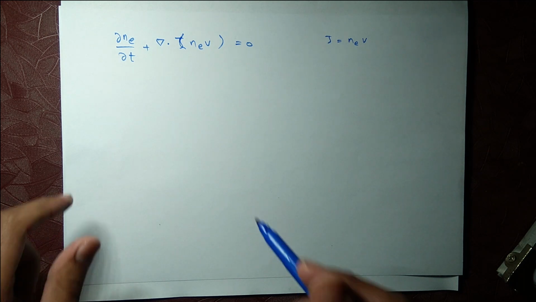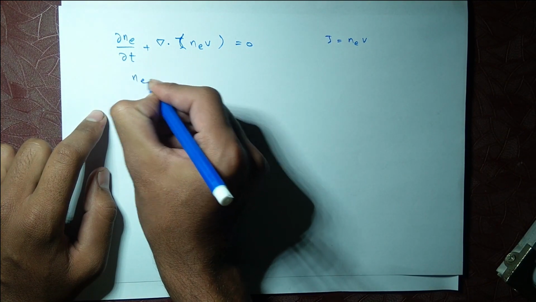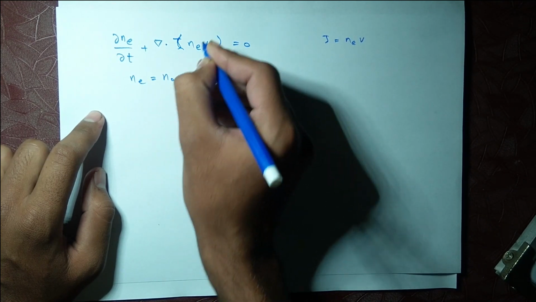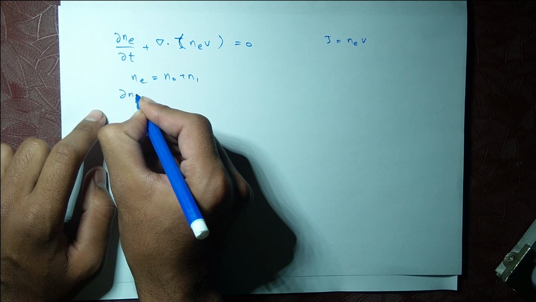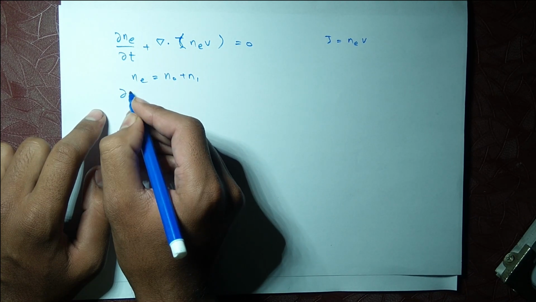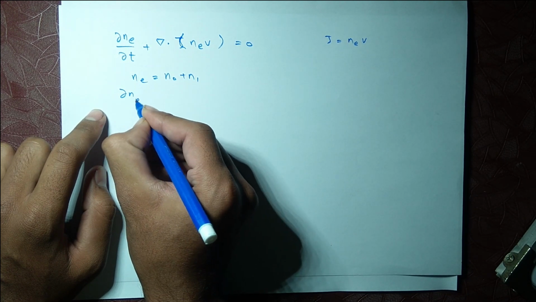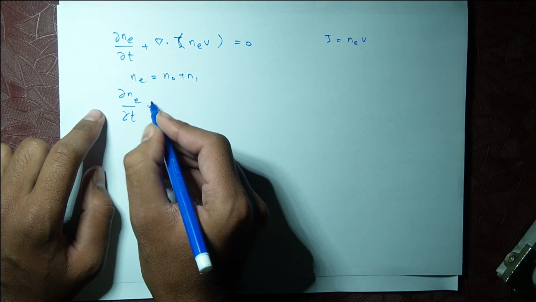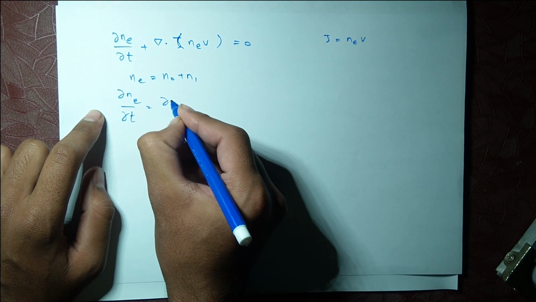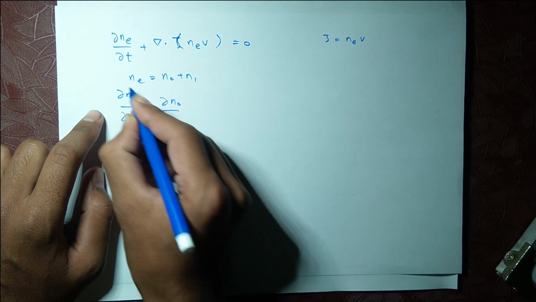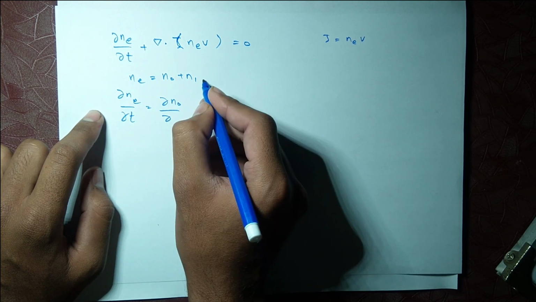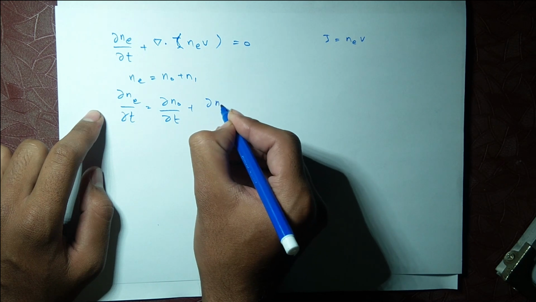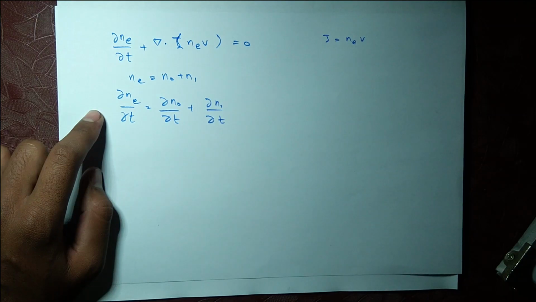So we know that Ne equals n naught plus n1. Put this value here, and take the partial with respect to t of this equation: partial n naught over partial t plus partial n1 over partial t.